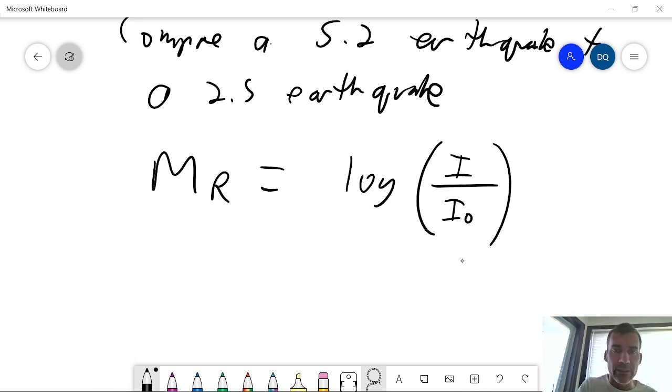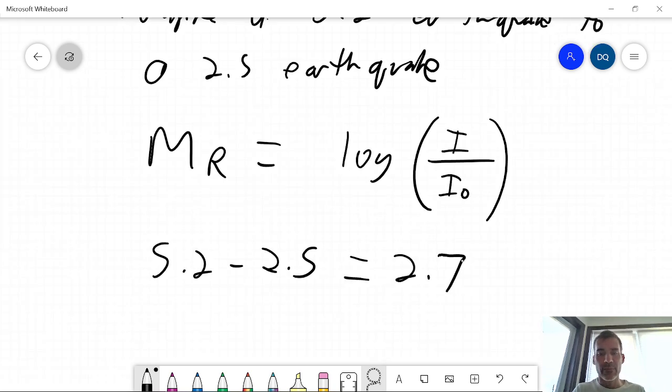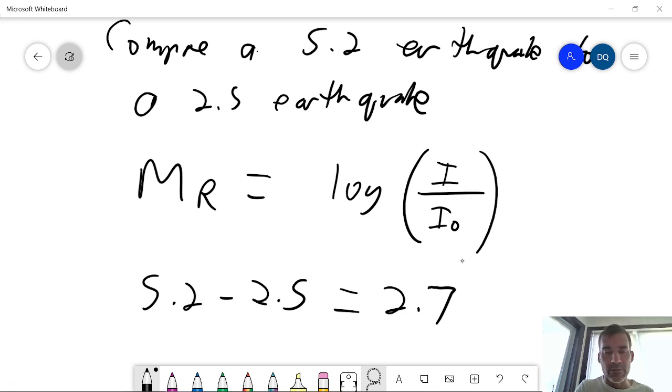So if you compare these two numbers here, 5.2 minus 2.5 is 2.7. So how do you compare these earthquakes?